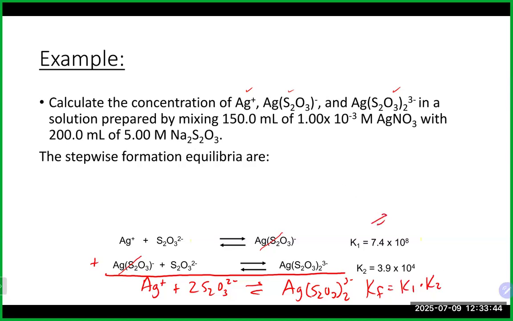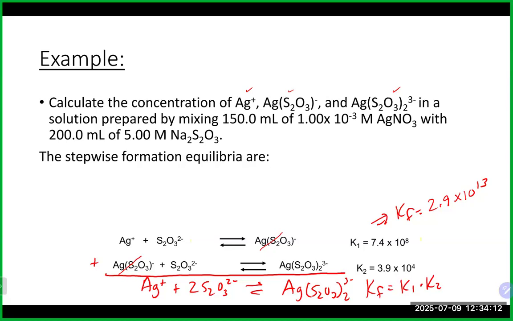In this particular case, that would be 7.4 to the 8 times 3.9 to the 4th, and I'll get us something like, we'll call it 2.9 times 10 to the 13, which would be our Kf value in this case. Again, a relatively large one here as we are forming the complex ion.